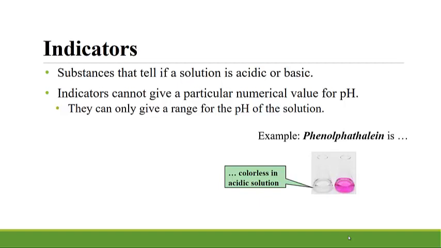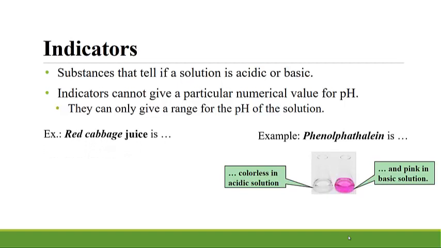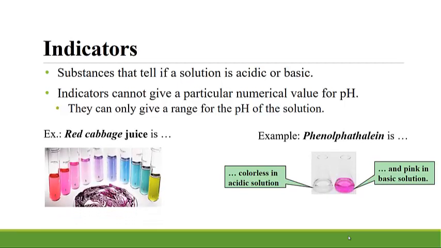So it's colorless in acidic and pink in basic solution. Another example is red cabbage juice. You just take a red cabbage, cut it up and boil it down, and you can get a variety of colors out of it, anywhere from a reddish pink all the way up to green, based on the pH of the solution.